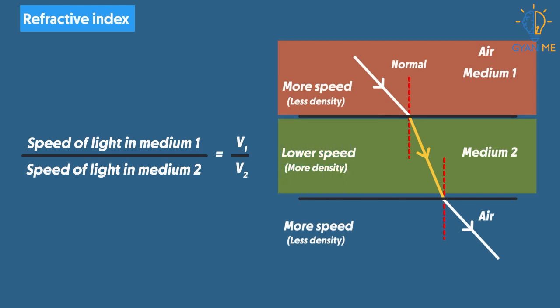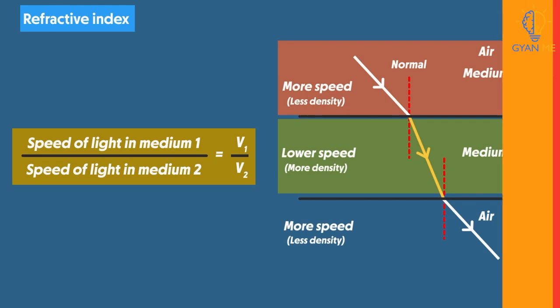Or it is a measure of the bending of a ray of light when passing from one medium into another. Simply put, it is the value that tells us how much the light is bent from its path, or refracted, when entering a material. Okay, coming back to the eye.